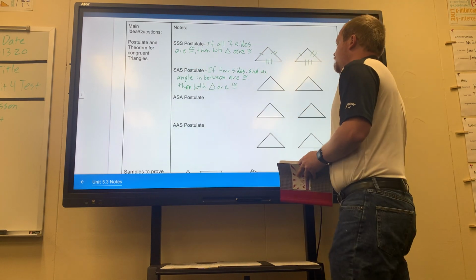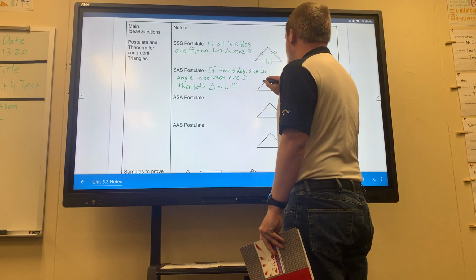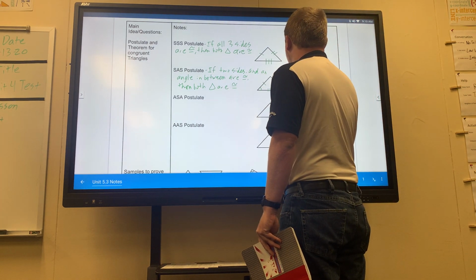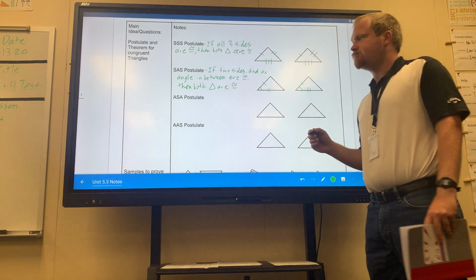Okay? So again, it doesn't matter which side or which angle it is, just as long as it's side, angle, side in that particular order.